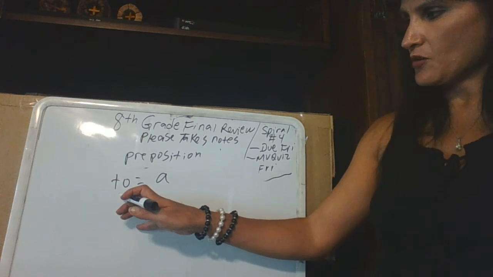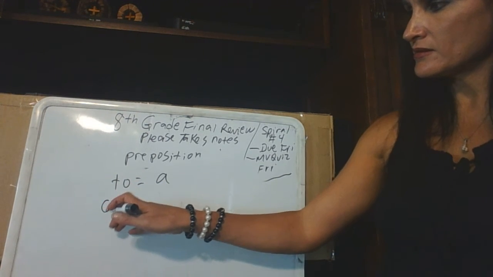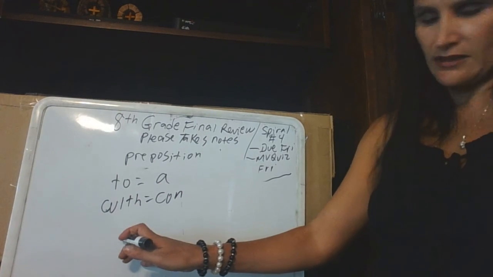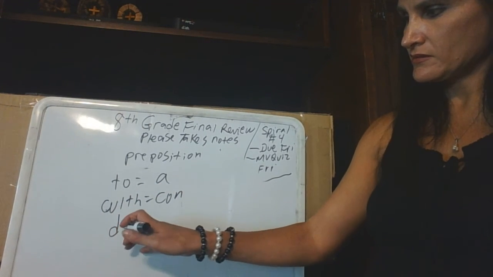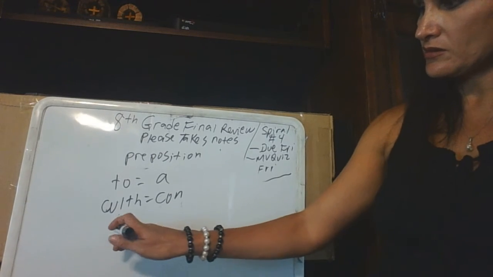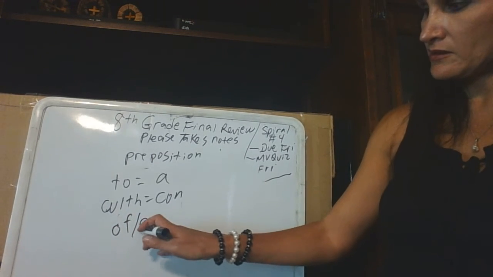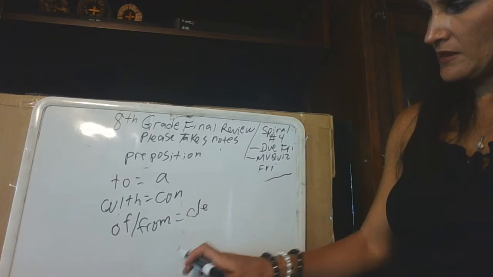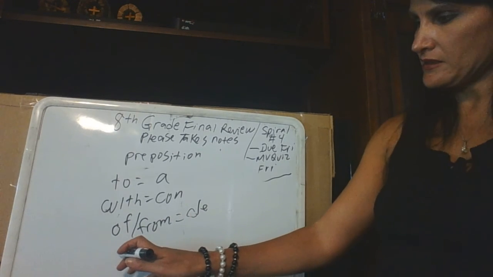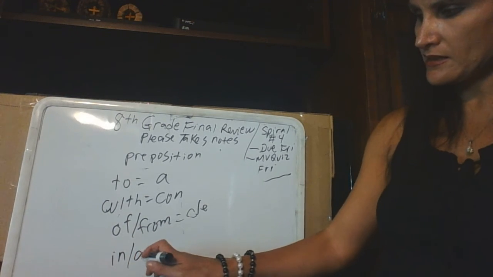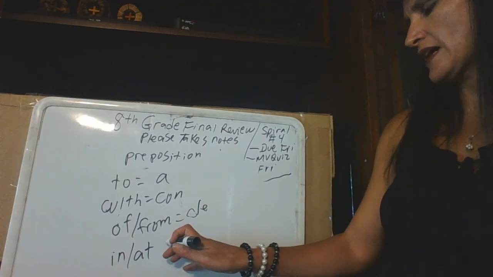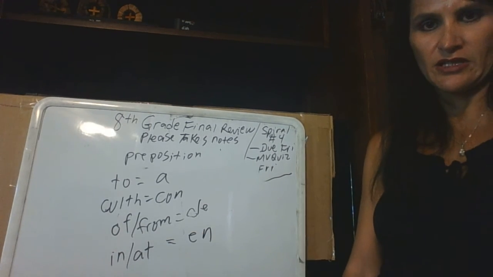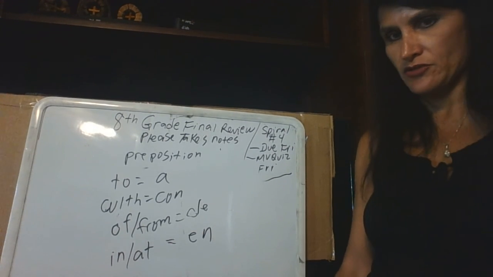With is con. Of or from is de. And in or at, like in the store or at the store, would be en. So again, you'll need to know those prepositions. Please make sure you do.